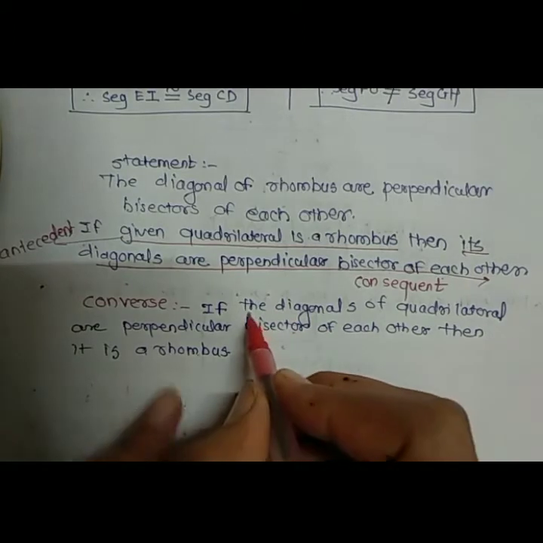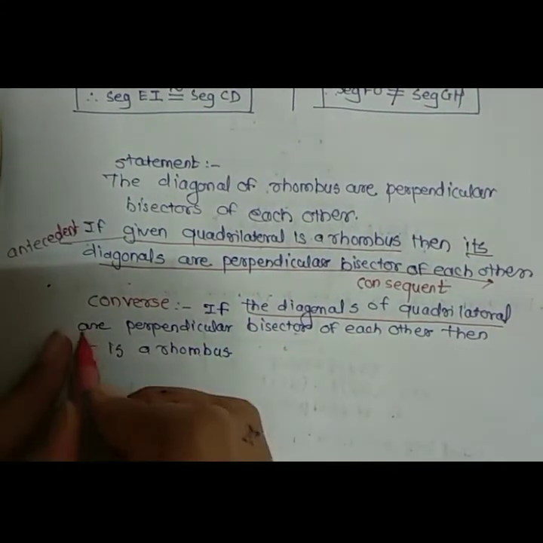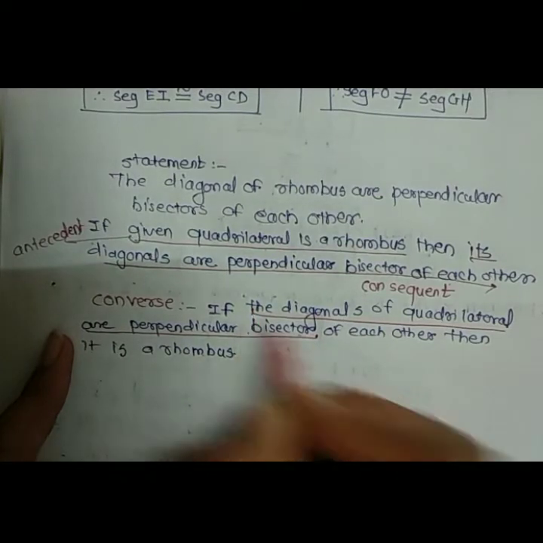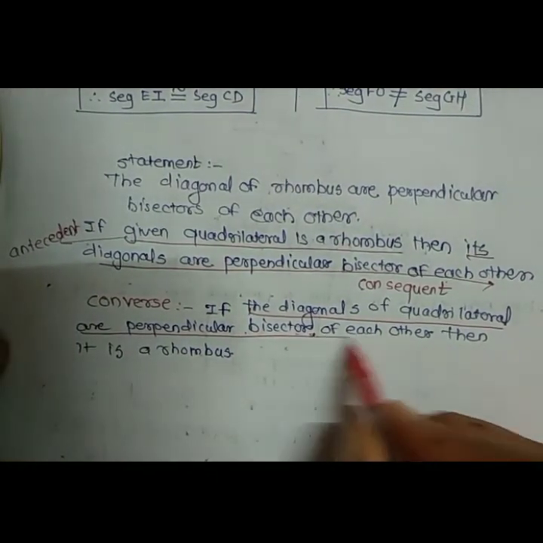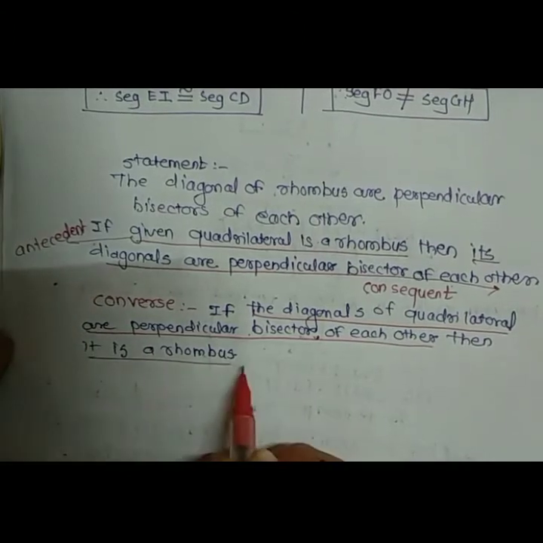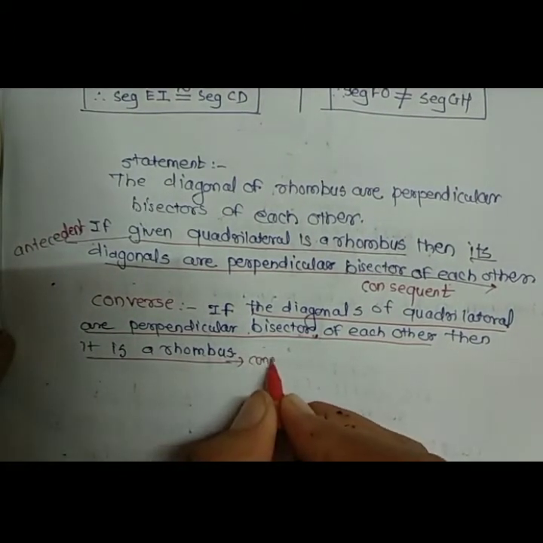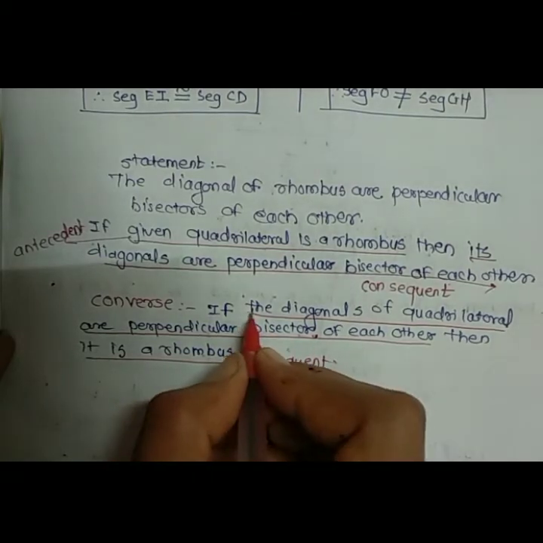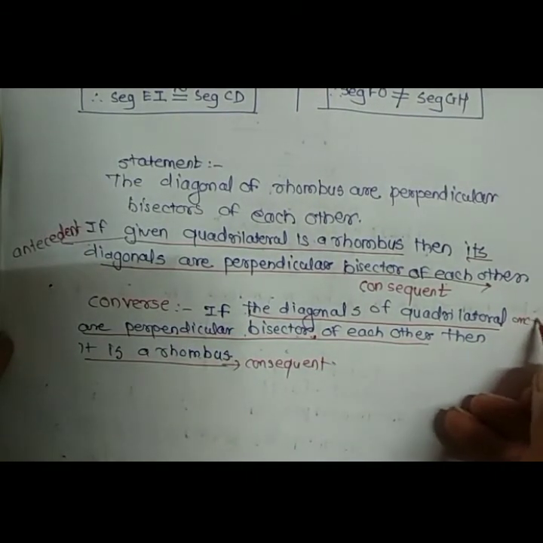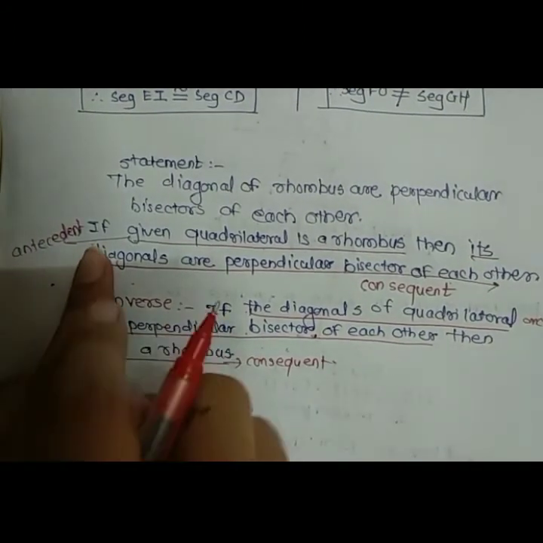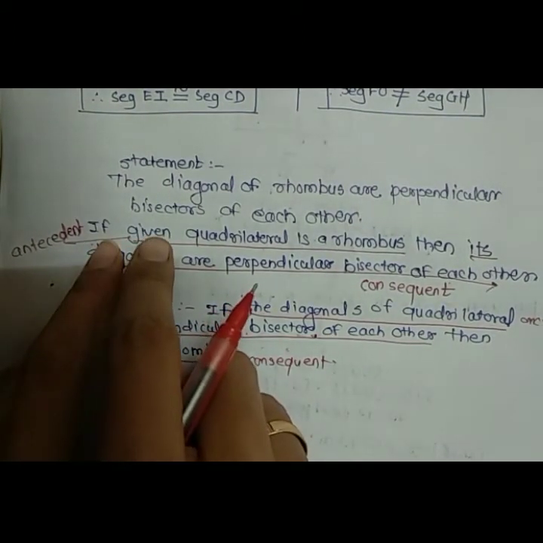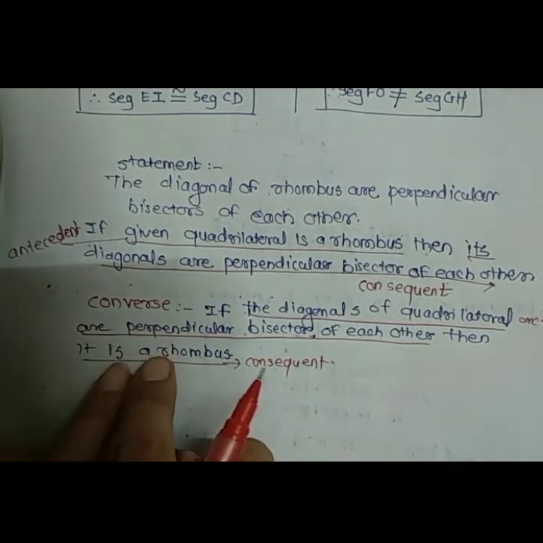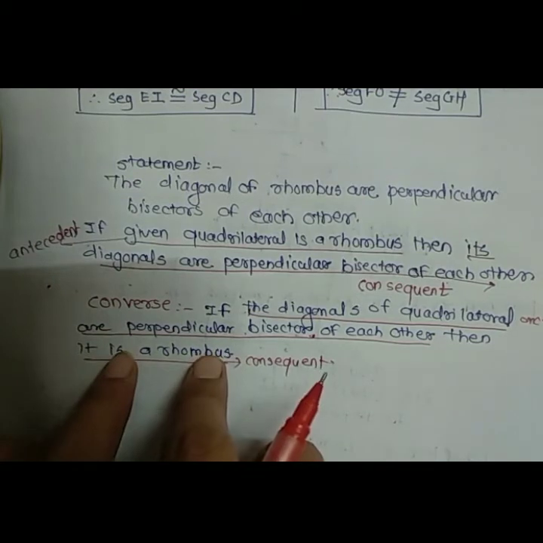Let's see here. If diagonals of a quadrilateral are perpendicular bisector, this is the antecedent, and it is a rhombus, this is the consequent. In the statement, the antecedent is the given quadrilateral is a rhombus, and in the converse, the consequent is it is a rhombus.